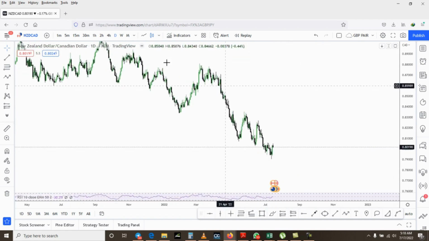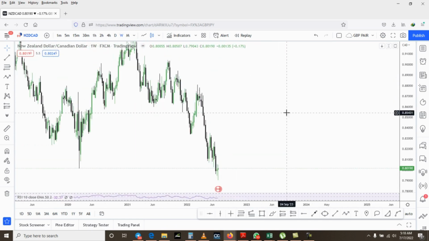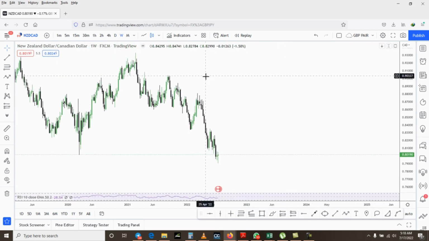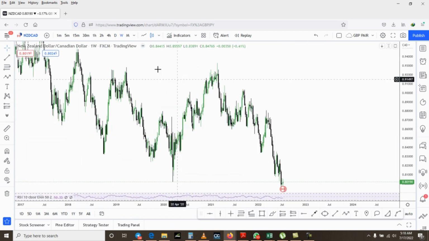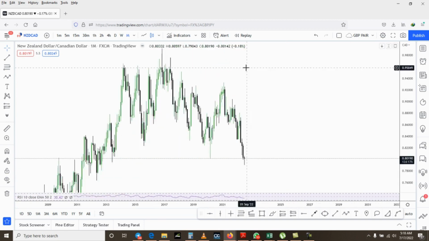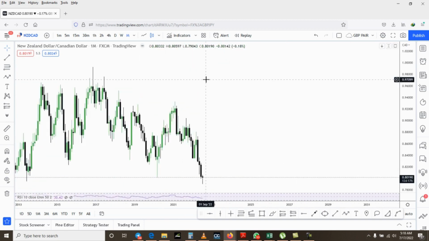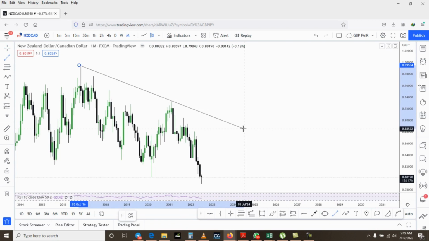Let's make it a habit to start from the highest time frame, because that's how I start my analysis. So I first come to the monthly to check. If I'm going to draw my first trend line, this is what I'm going to do. This is my first trend line.